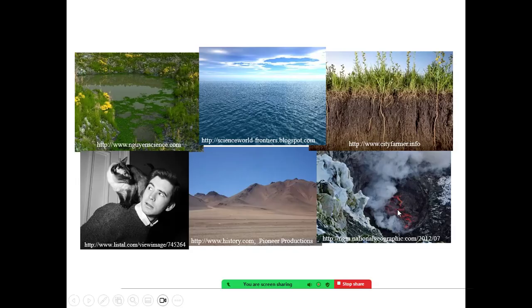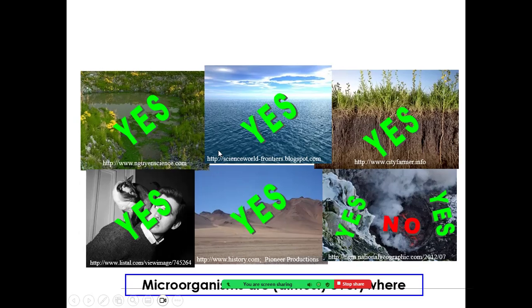So that's about the only place on the planet Earth you do not find microorganisms, and that's where lava is flowing or magma has reached the surface of the Earth. But you do find them on the ice, even on the edge of the vent, because that's not where the lava is.